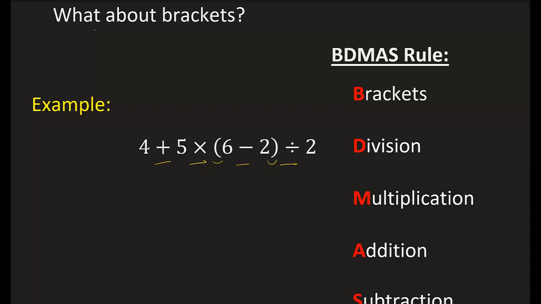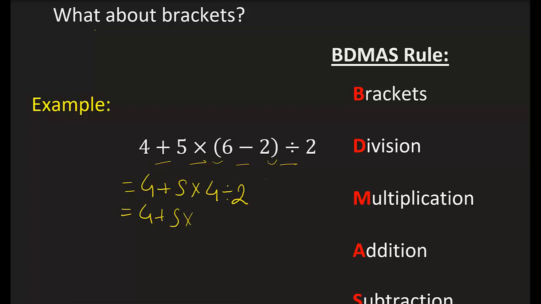Let's do this. 4 plus 5 times 6 minus 2. 6 minus 2 is equal to 4, and then it will be divided by 2. Now it's going to be division. 4 plus 5 multiplied by 4 divided by 2.